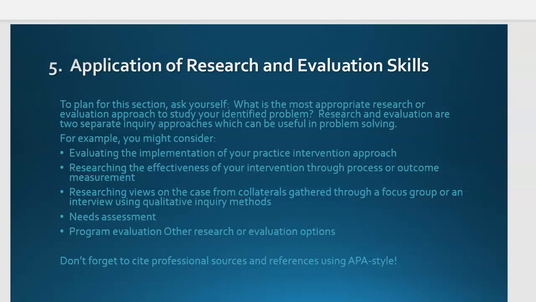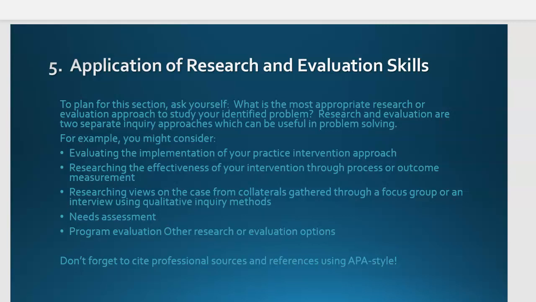You might use a qualitative approach where you look at what the case collaterals say. You can use an interview, a focus group, or some other type of ethnography, for example, to collect some data on this.